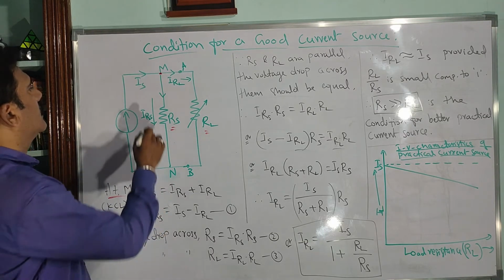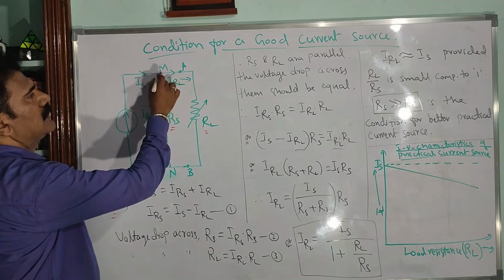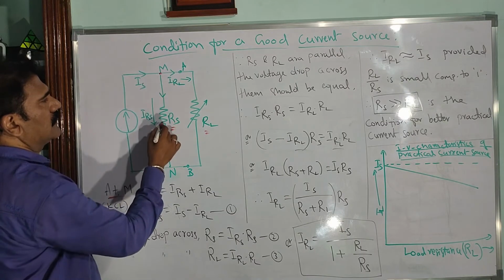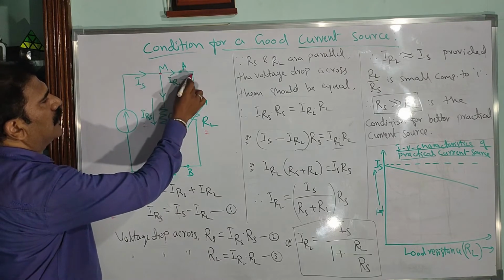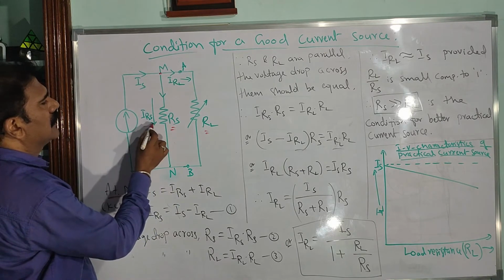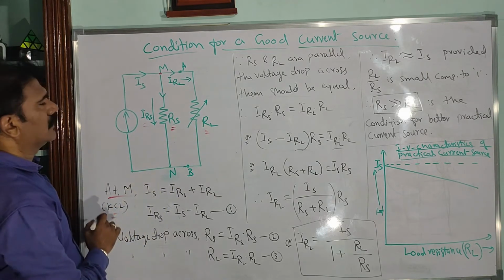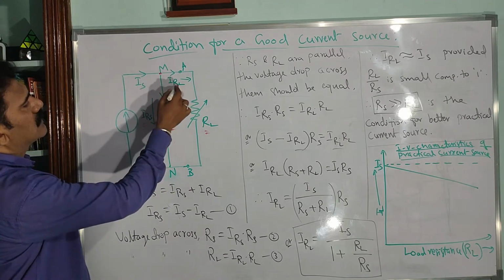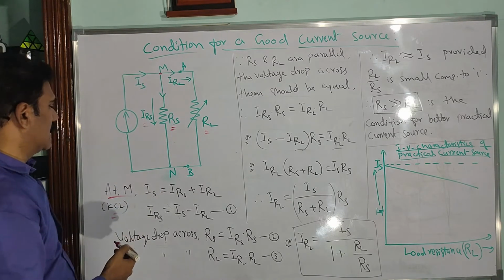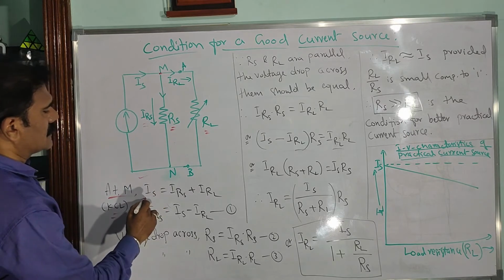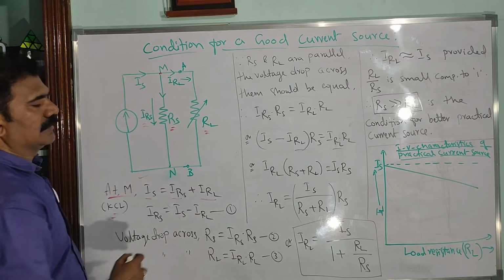The input current is IS, and the outgoing currents from the node M are, through RS, let it be IRS, and through RL, let it be IRL. According to Kirchhoff's current law, the input current should be equal to the sum of these two currents. So write down that equation: IS is equal to IRS plus IRL.